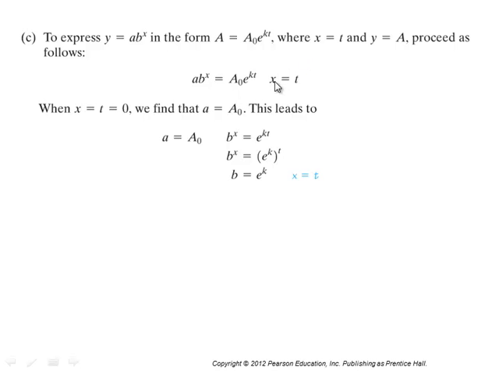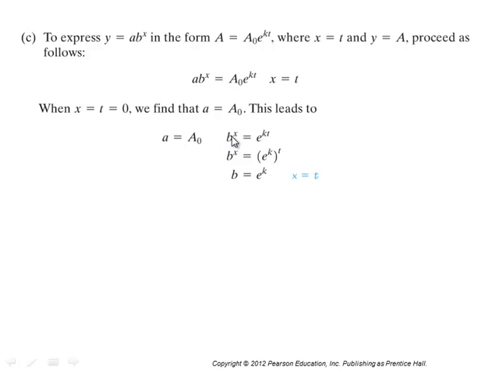By the way, x is going to be equal to t here. Now, the constant coefficients are going to be the same. The a is going to be the same thing as a sub 0. A sub 0 is the same thing as a.